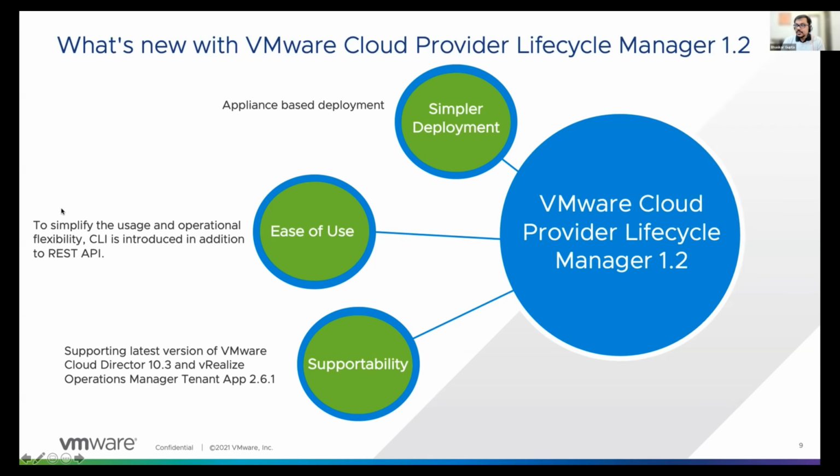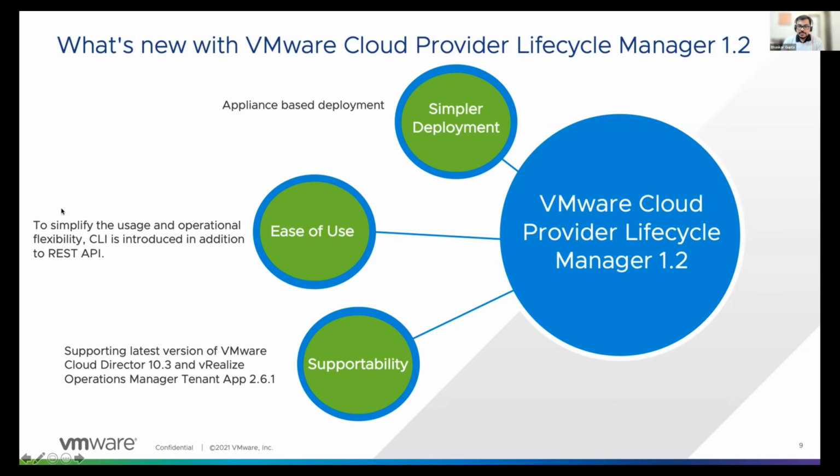And the features all remain the same: product deployment, and importing an environment, which we just talked about earlier. If you want to import an environment and manage it, we can just do that. We can also retrieve information about the deployed environment: whatever you have deployed using VCP LCM, the components deployed and their details, the IPs, the port groups, and everything.